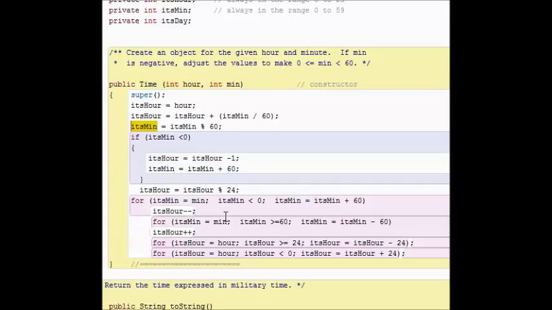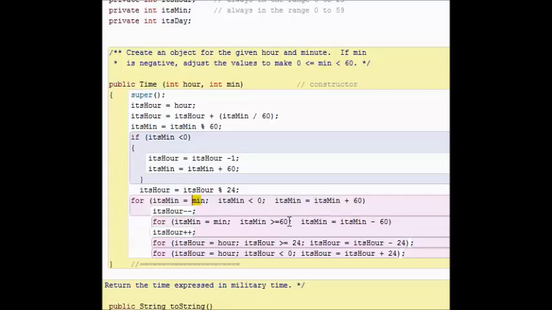You want to make sure that you take it from the hour, right? If it's less than 0. Okay, so you just keep on taking away the minutes until it's a positive number. So you keep on decrementing the hour until the minutes are positive. Okay, so that's in the case that the minute's less than 0.